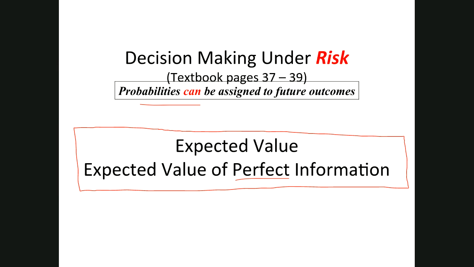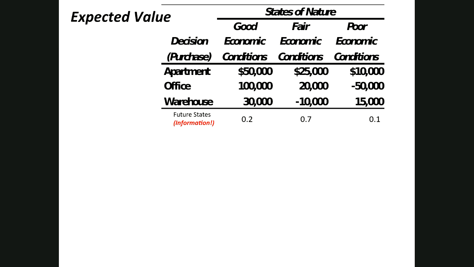And what would we do if we actually happen to have perfect information? So let's dive in, and we're going to continue with our same example. Again, we've got three decisions to pick from, and we can only pick one. We'll either invest in the apartment, the office, or the warehouse.